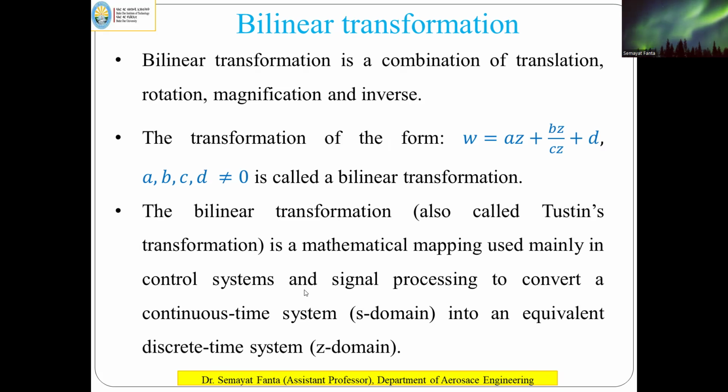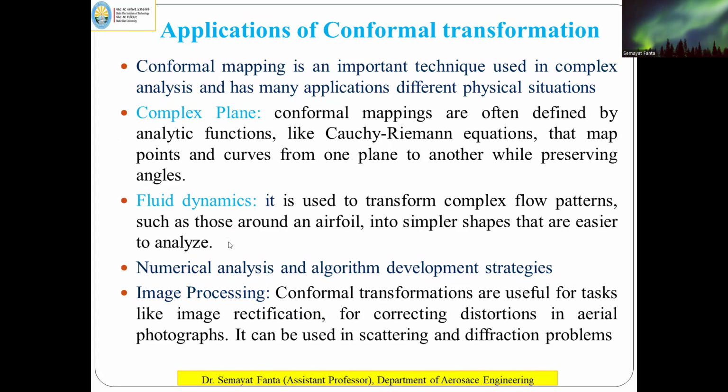The bilinear transformation is also called Tustin transformation, and is a mathematical mapping used mainly in control systems and signal processing to convert a continuous time system from the S domain to an equivalent discrete time system or Z domain.